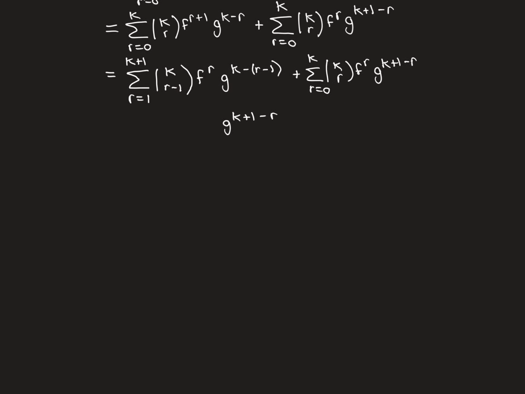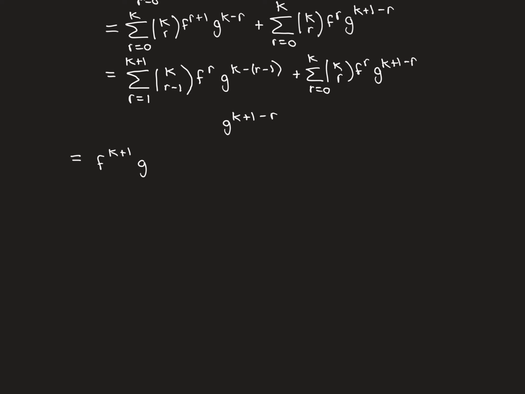So I'll bring this into the center. So this is going to be equal to, so take k plus 1 out of this one. So that will be k choose k plus 1 minus 1. So k choose k, which is just 1. And then f will be differentiated k plus 1 times. G will be differentiated k plus 1 minus k plus 1 times. So g will be differentiated no times.